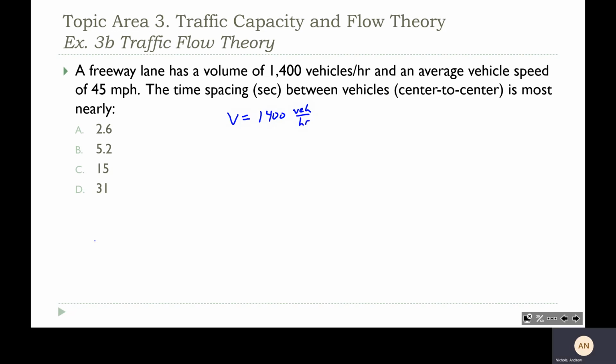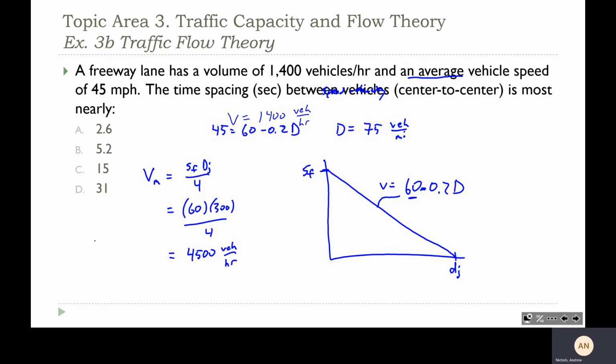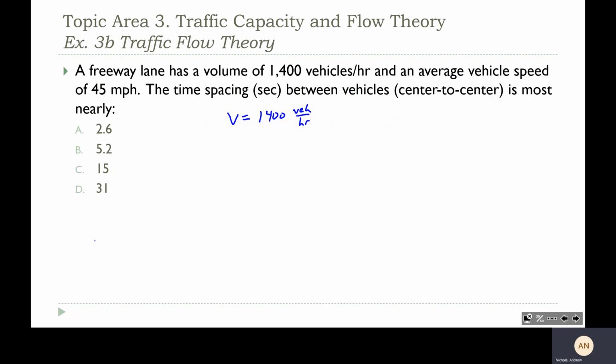And then we have a vehicle speed. Oh no, speed is S. Sorry. And then S is our 45 miles per hour. So we're asked, what is the time spacing between vehicles in seconds? So how do you think we can use this information to determine that value?